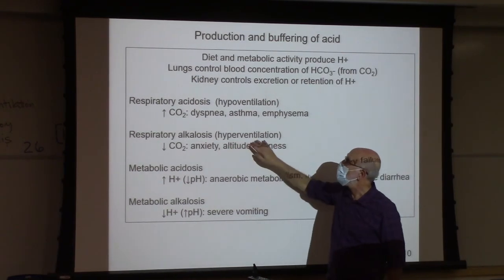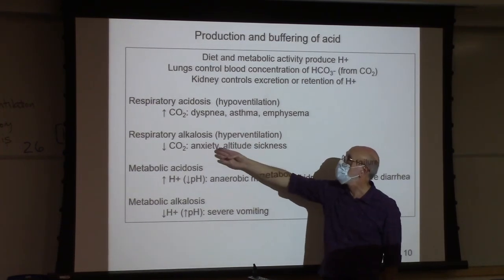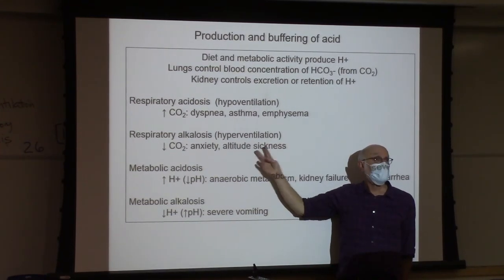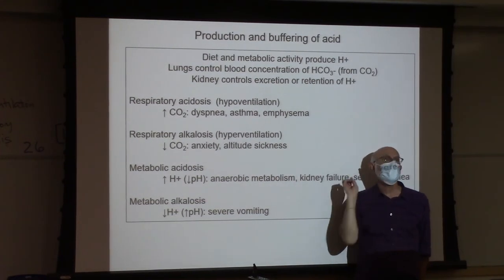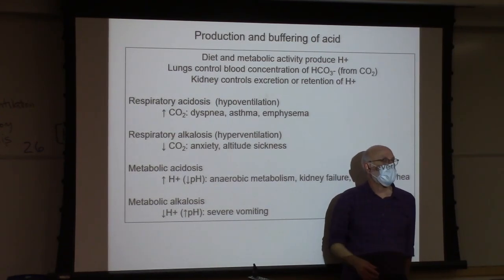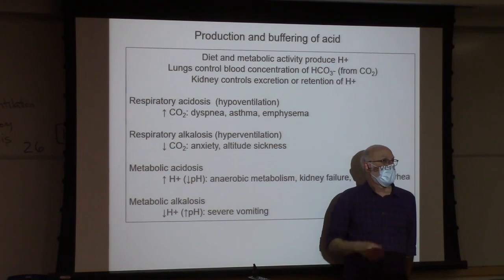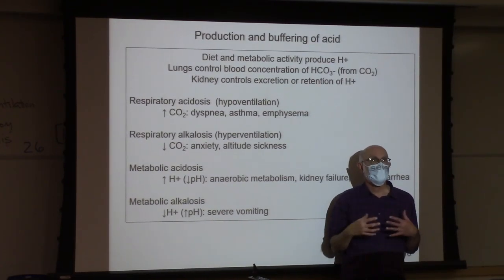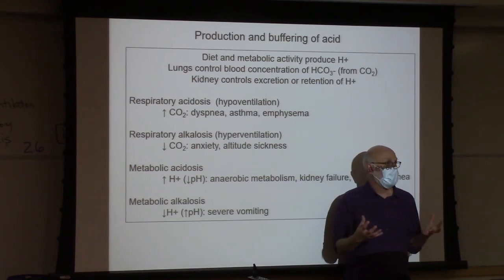Respiratory alkalosis, hyperventilation. Well, anxiety, altitude. If I were to take you and transport you instantly to 12,000 feet, 3,000, 4,000 meters, your natural response would be to hyperventilate because of oxygen hunger.